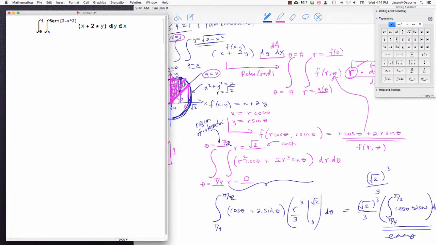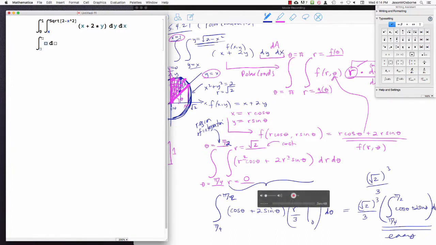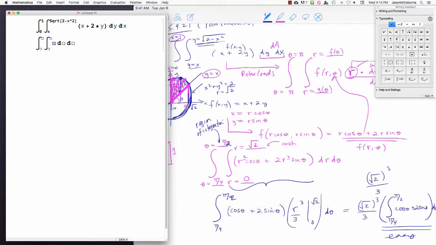You could have also done what we did in the problem. The problem asked us to convert to polar coordinates, in which case we will get r squared times cosine of theta plus 2 times the sine of theta, and we will do dr d theta. R went from the smallest radius, 0, out to r equal to the square root of 2.